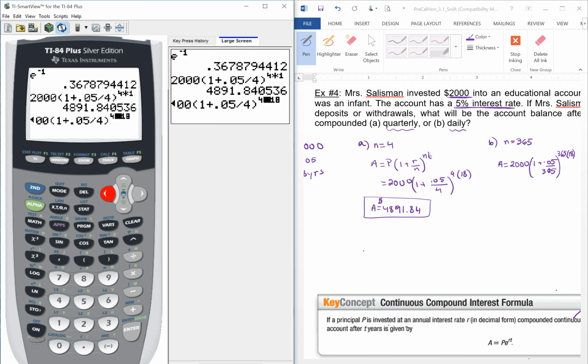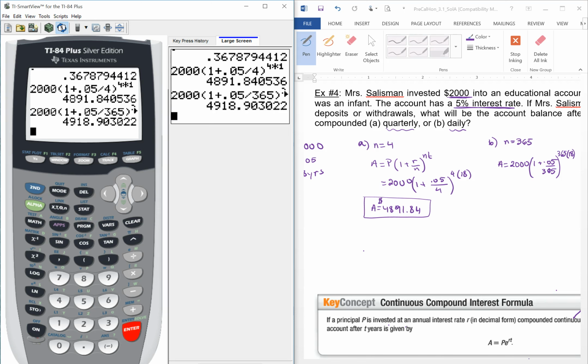So the 4 is going to be 365. What happened? 365 times 18. And here, I'm going to delete this one, and I'm going to put in 365. So I get $4,918.